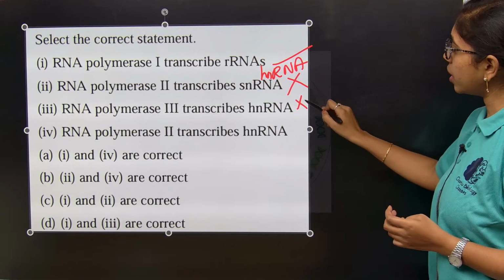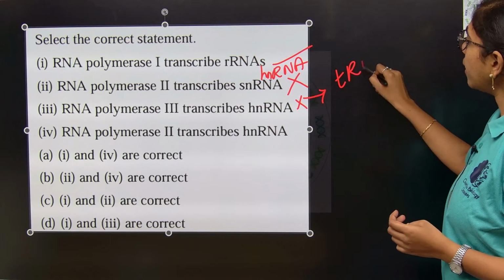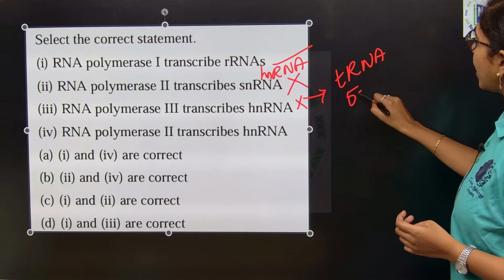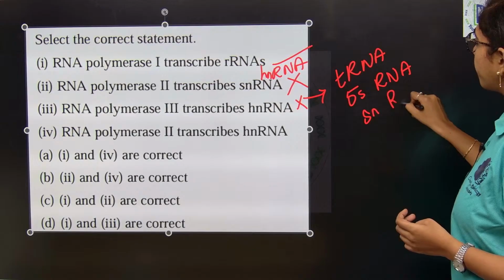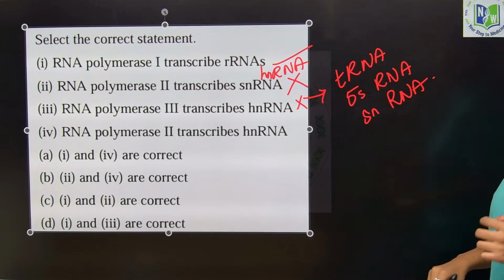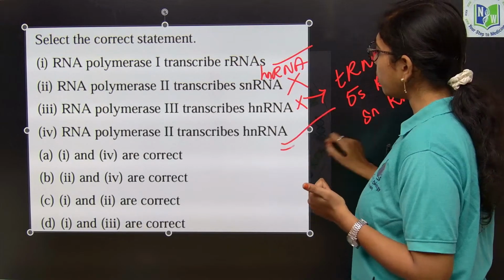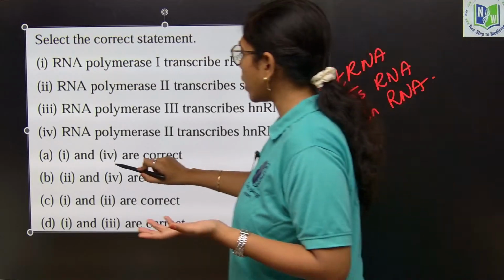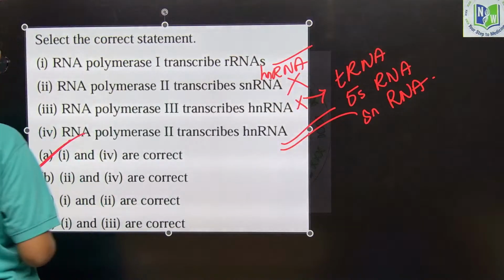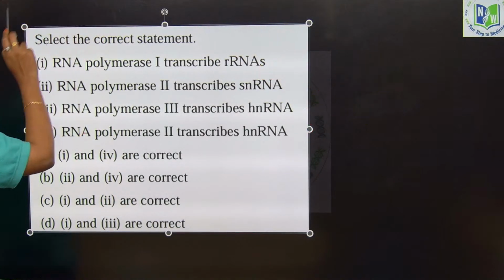RNA polymerase 3 will transcribe tRNA, 5S rRNA and snRNA. Fine. RNA polymerase 2 will transcribe hnRNA. So, here option 1 and option 4 are correct. Okay, 1 and 4 will be correct. Option A. Next question.